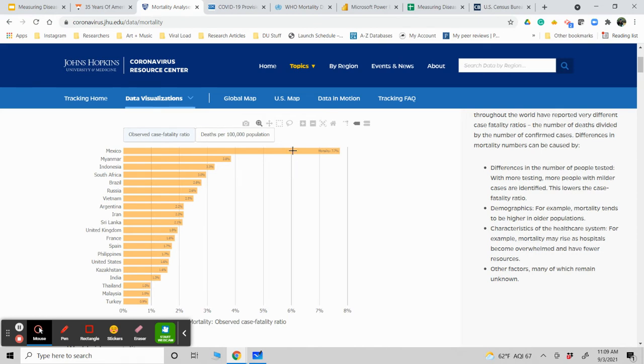The different makeup of the population. So is one group older than another? Does one group have a higher rate of obesity? Are there differences in access to healthcare? So are people being treated for the disease differently? All that can be inferred from these kinds of calculations.